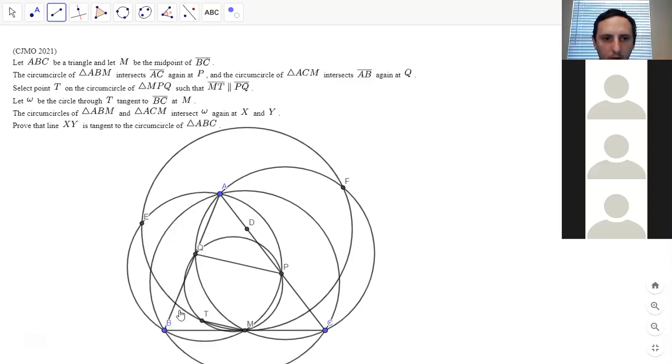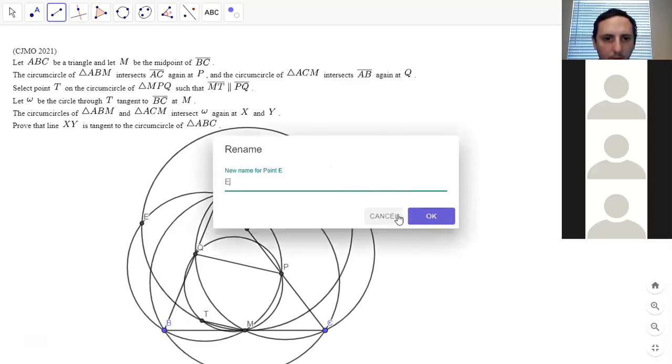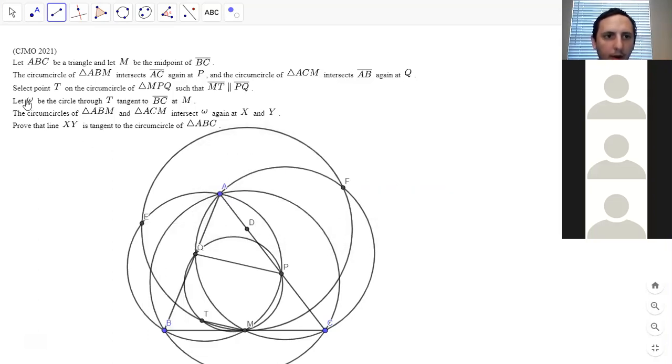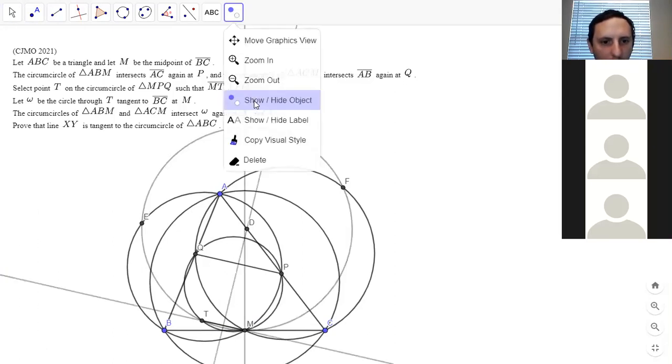I think you drew the circle wrong. The circle omega? Yeah. Okay, so it's supposed to be through T and tangent to BC at M. You draw the perpendicular bisector of TM and the perpendicular from M to BC.